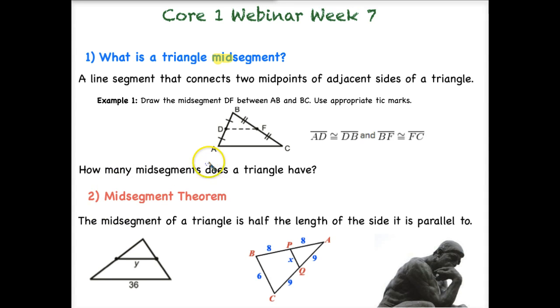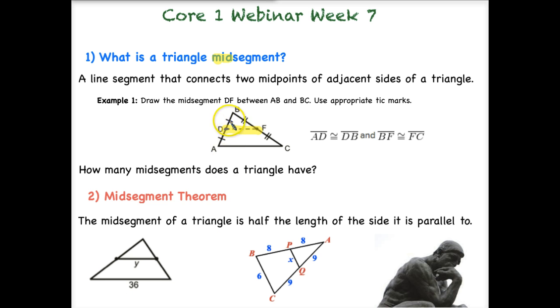Okay, so here's an example. If you want to draw the midsegment DF, notice right here, I'll highlight it. DF between AB, so here's segment AB, and BC. So I want you guys to notice one of these properties is an important property.